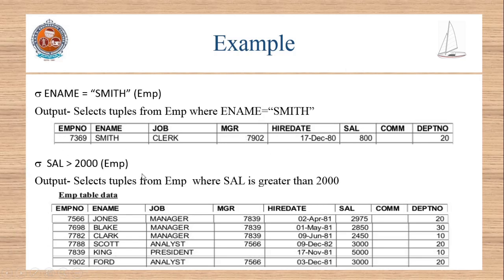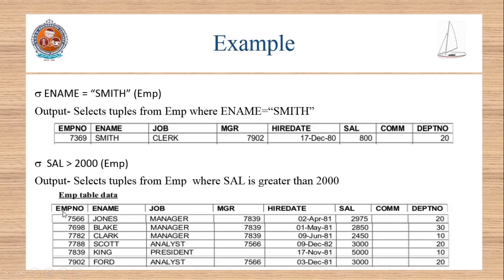Now consider the second example. Here we are going to select all the tuples from the EMP relation where the salary attribute having the value greater than 2000. So in this salary column, whichever tuples are having the value greater than 2000, all those tuples will be given as output or given in the result relation.